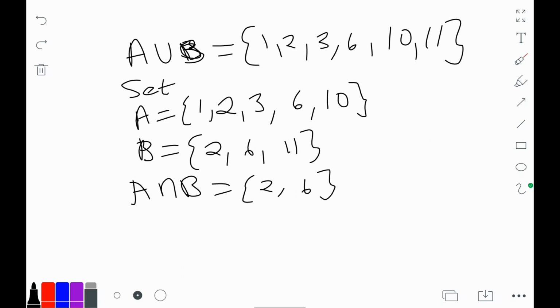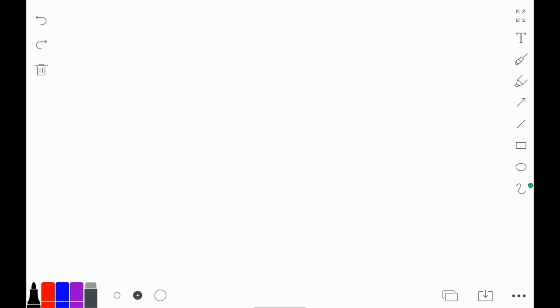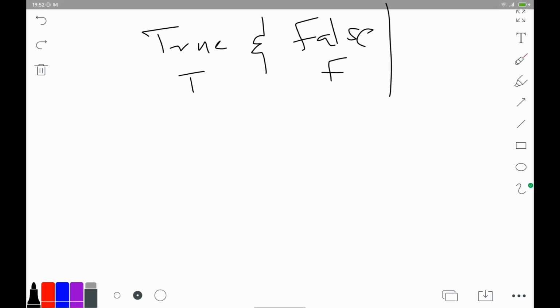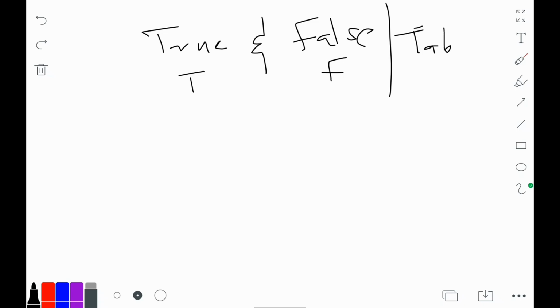Now you are also going to be given a subset. But before we go far, because today I'm giving you the basics, we have true and false, normally T and F. You will also have to know the truth table.